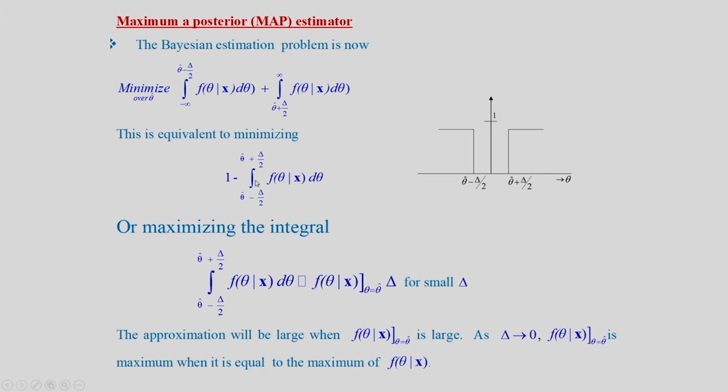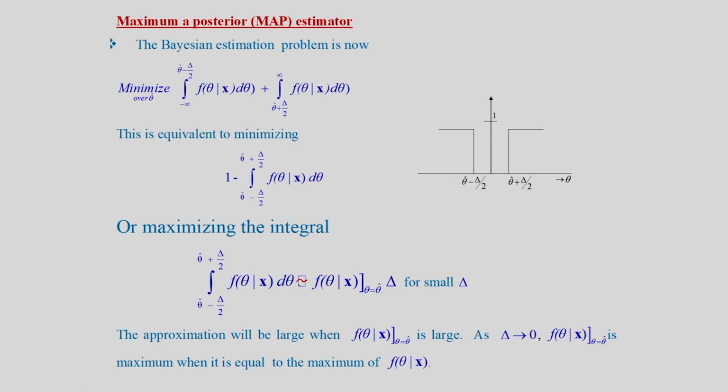Now we have to minimize this difference. So, this minimum will be the same as maximizing the integral. If we maximize this integral, then this difference will be minimum. Therefore, we have to maximize the integral from theta hat minus delta by 2 to theta hat plus delta by 2 of f of theta given x d theta.